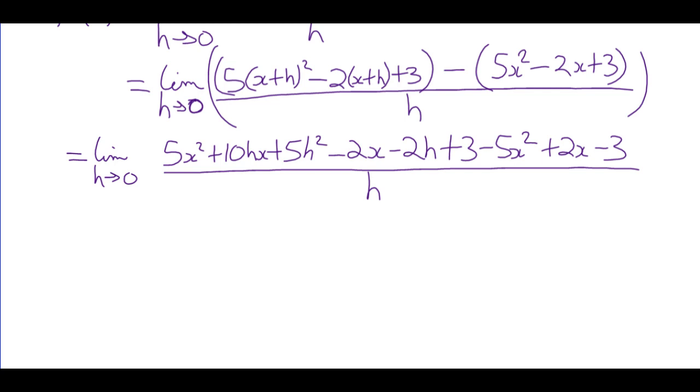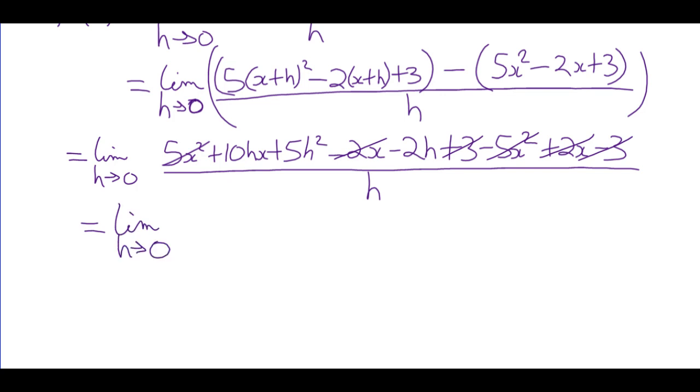Right, and then handily enough, the 5x squared disappears, the minus 2x and the 3s too, right? I mean, this minus 5x squared cancels. So basically every non-h term disappears, right? And then we divide through by h. So I'm going to throw one more limit down.